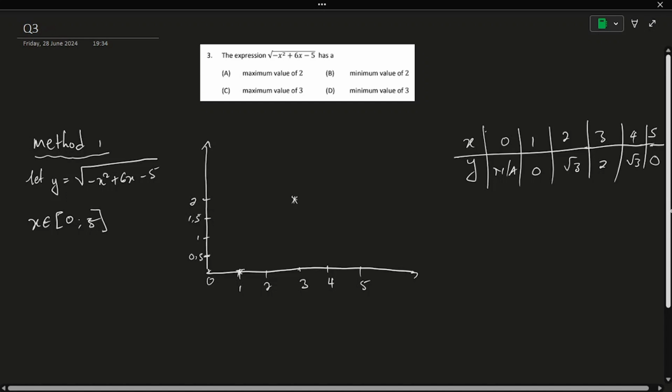And when x is 5, y is 0, right? So we can actually see the shape of the semicircle. You can join the points. I'm sure the roots are somewhere there and there, but this is actually the shape of a semicircle. And we can see that the maximum value that we have is 2, which means our answer A is the correct one.